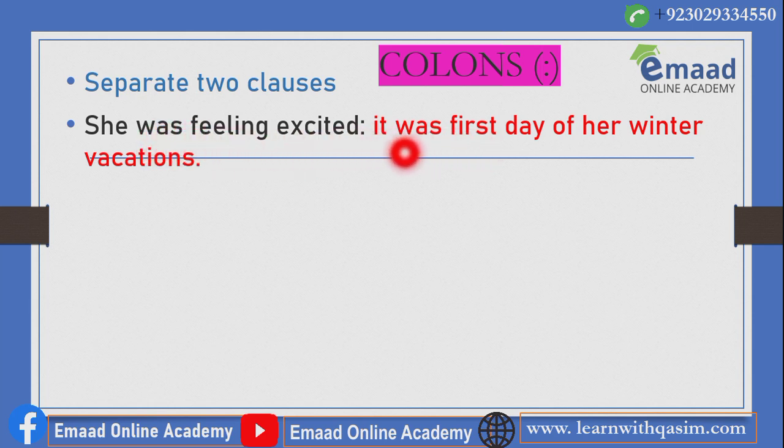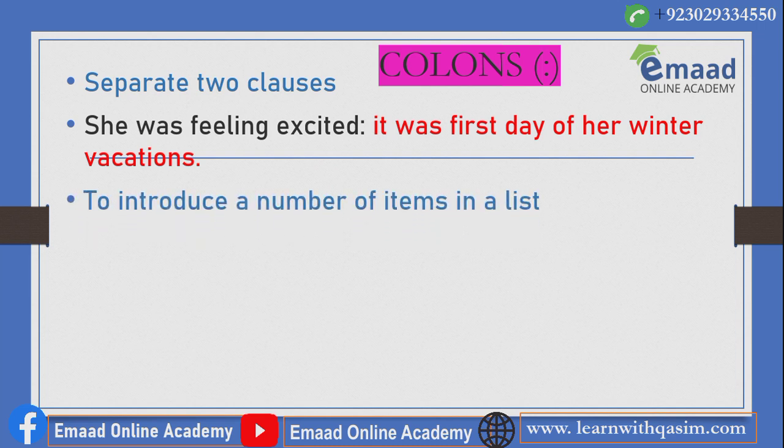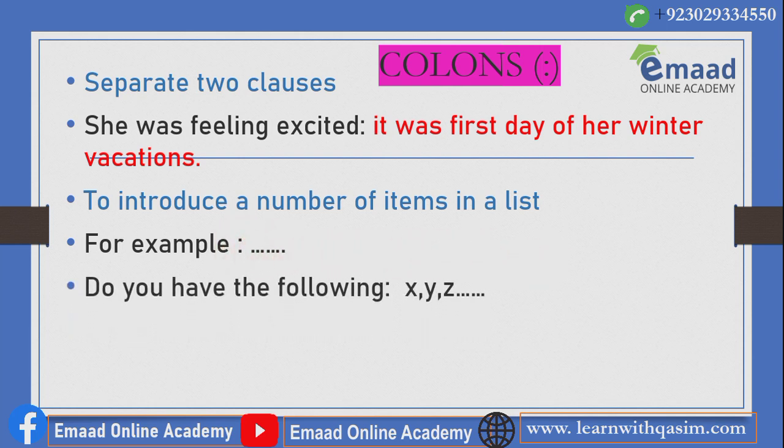So it is describing the meaning of the first more fully, and we have used a colon between these two clauses. Now, the second use of the colon is to introduce a number of items in a list. The famous example is, for example. When we say for example, and then we use a colon and then we add a number of items in a list. Do you have the following: and then we add XYZ and so on.